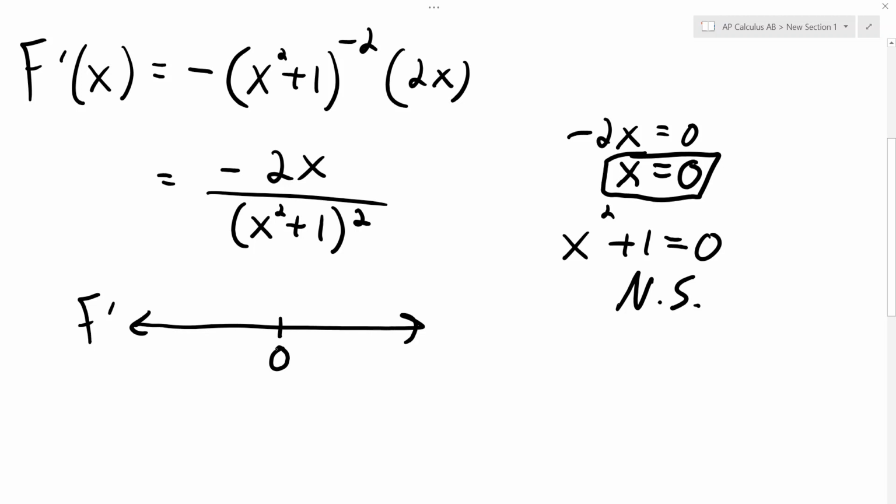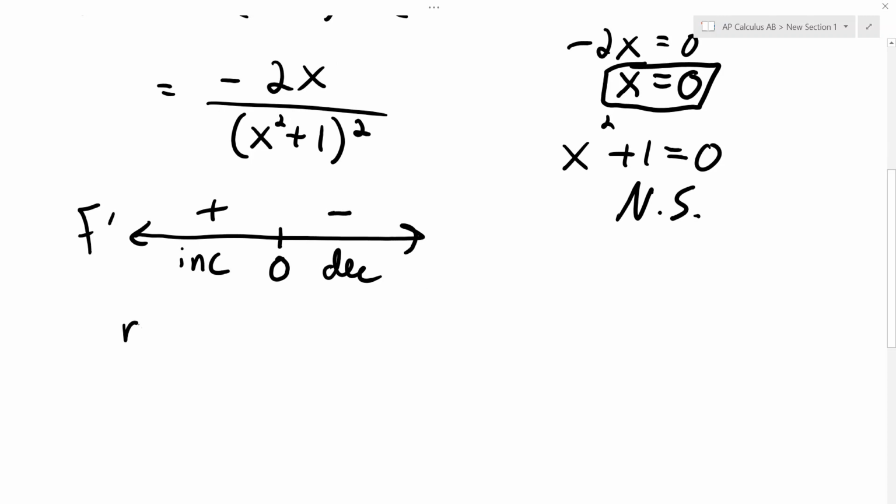Okay? If you plug in a negative number to your derivative, you're going to get a positive over a positive, which means this is positive and f is increasing there. If you plug in a positive number into your first derivative, you're going to get negative divided by a positive, which is a negative, which means it's decreasing there.